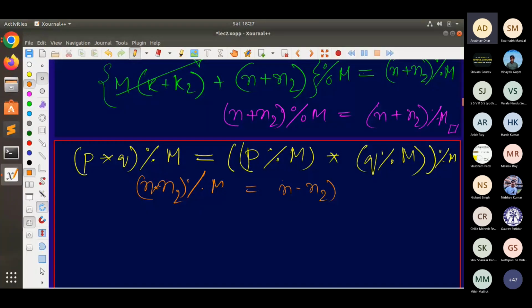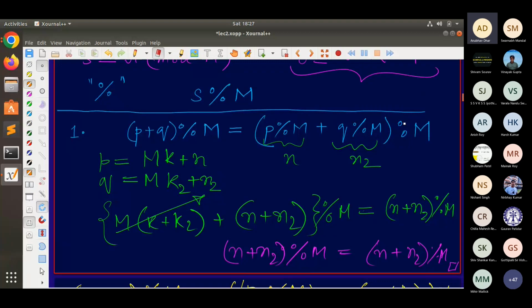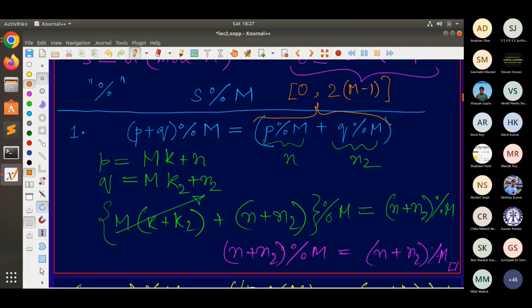Also, can anyone say what would be the problem if I had not put this percentage m over here? The sum may be again divisible by m. Yeah, what you said was totally correct. This sum can actually have a range from 0 to 2m minus 1, since this can be from 0 to m minus 1 and this can be from 0 to m minus 1.